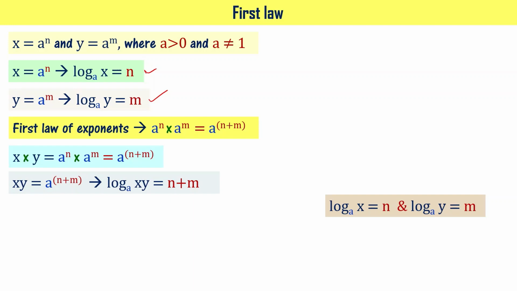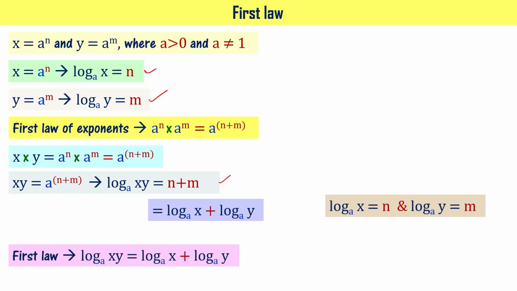If you substitute those two onto the right hand side of this equation, you can write it as log of x to the base a plus log of y to the base a, right? This is what is called the first law. Log of xy to the base a can now be written as log of x to the base a plus log of y to the base a. Please take a note of this first law.